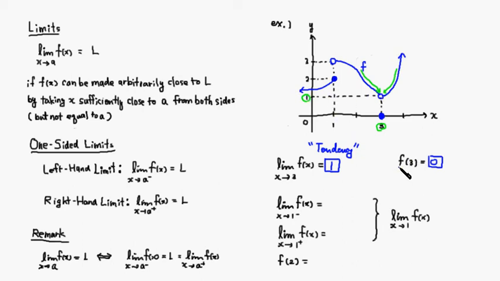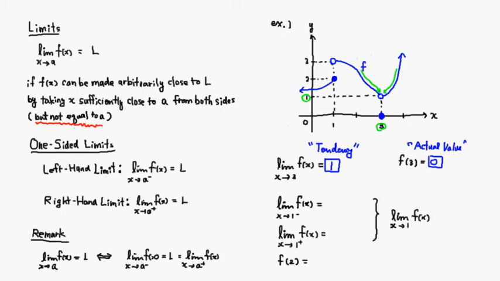But f of 3, the actual value of the function, is what you get when you go to exactly x equal to 3, then try to find the y value, which is 0 in this case. Right? So that's why the definition says approaching from both sides, but not equal to a. Right? So this is the difference: the function value is the exact value, and the limit is a tendency.